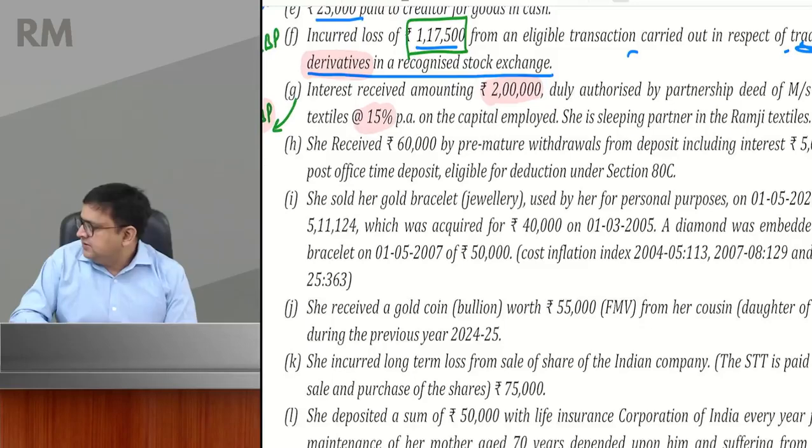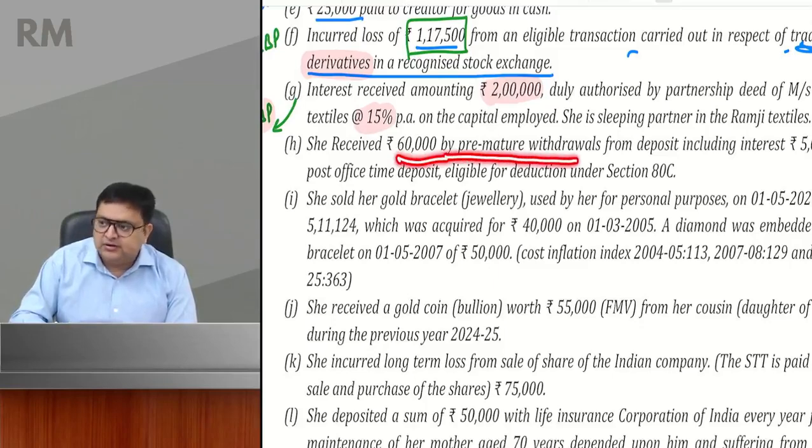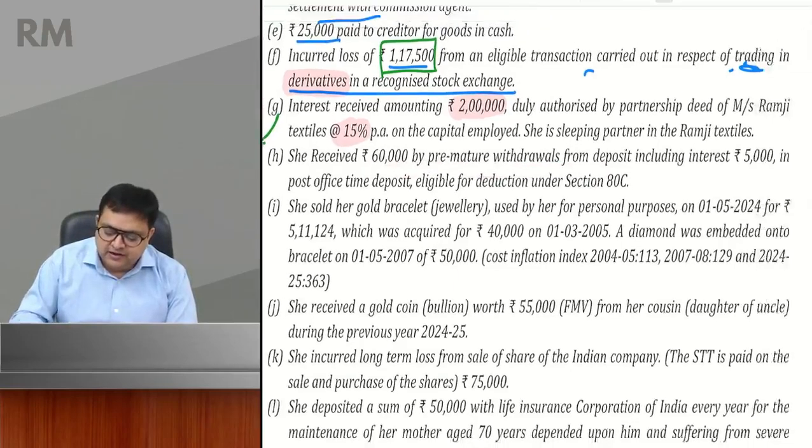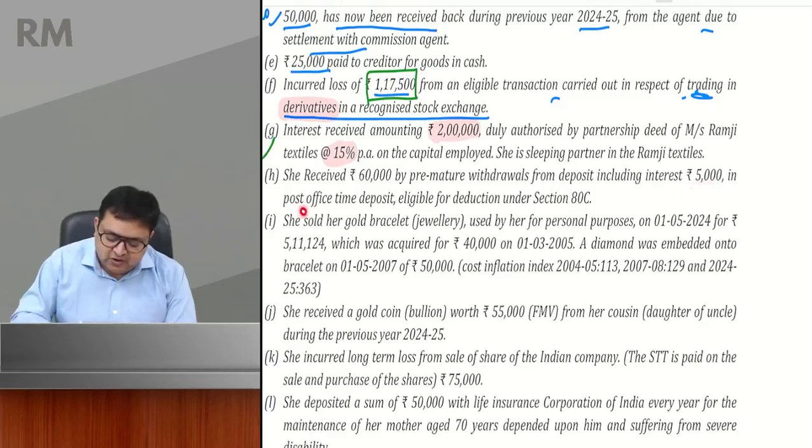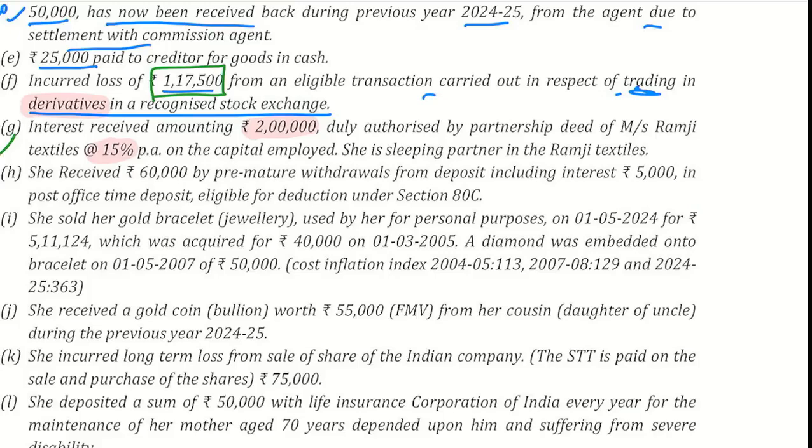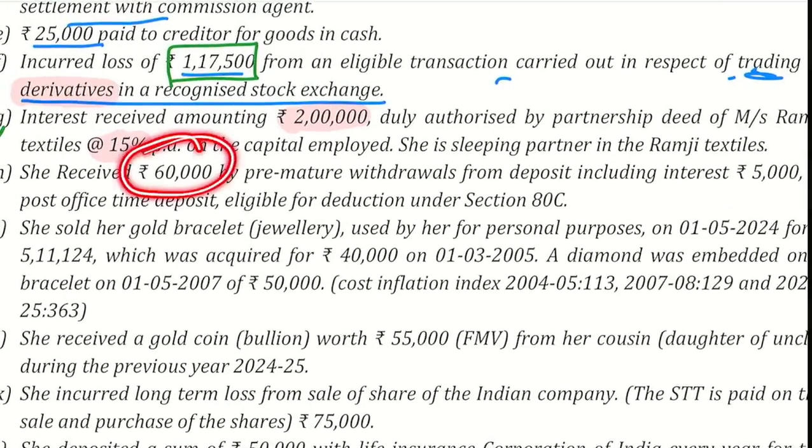She received 60,000 by premature withdrawal from deposit, including interest of 5,000 in post office time deposit, eligible for deduction under 80C. I'm again repeating.